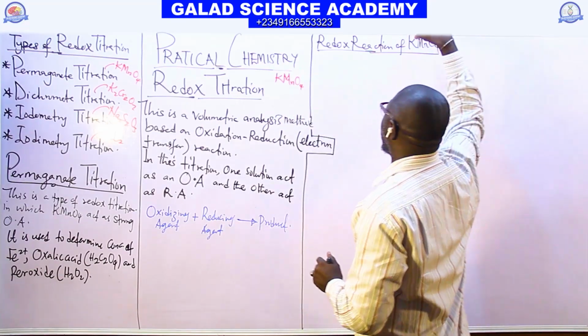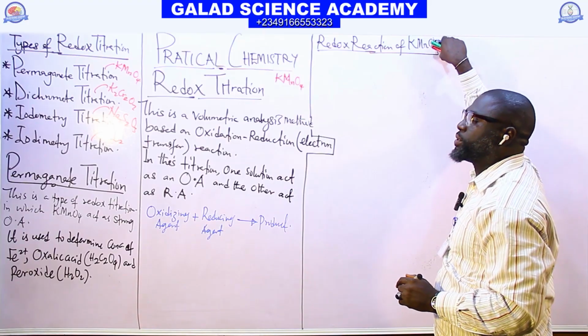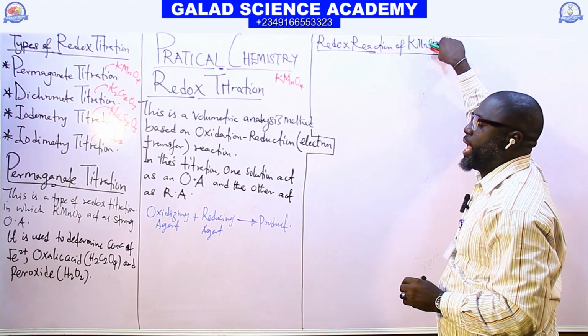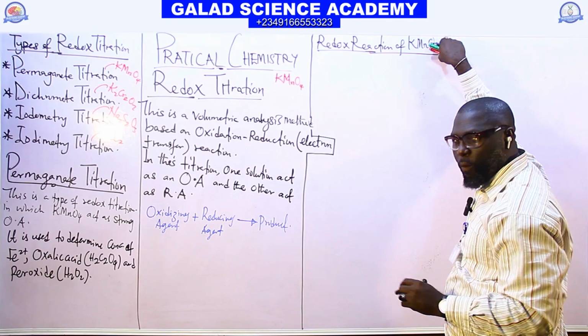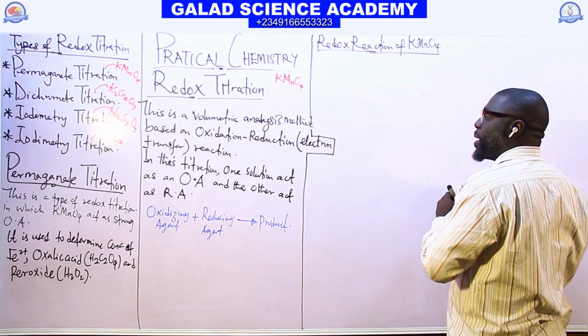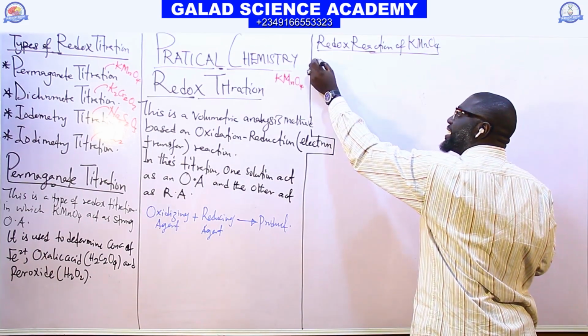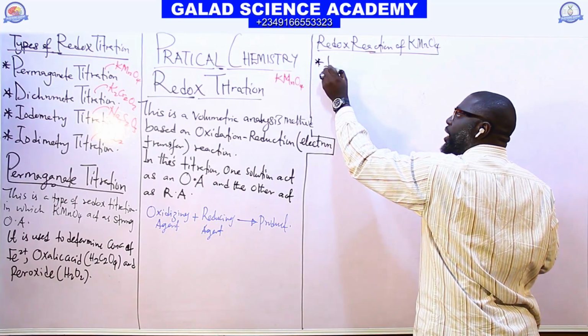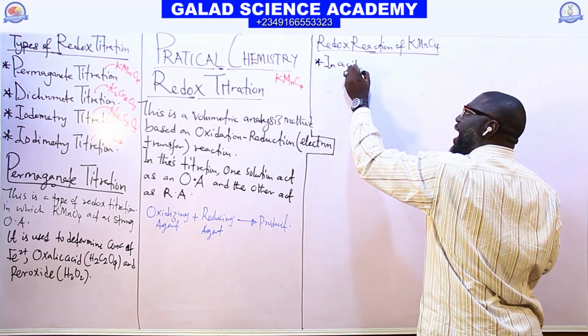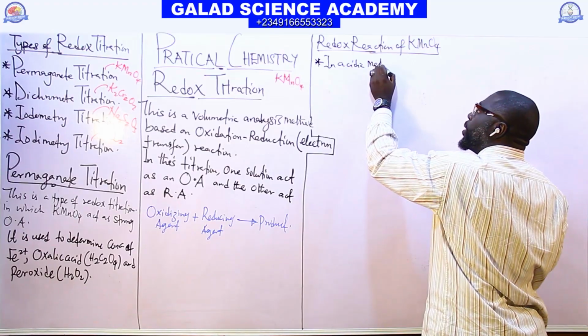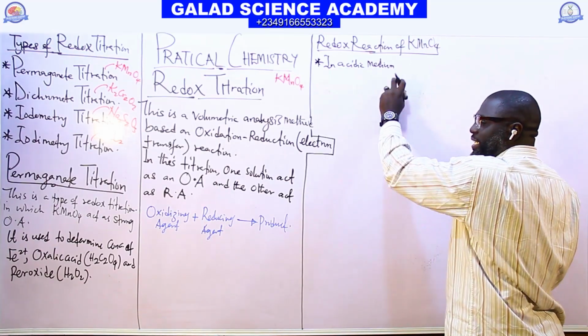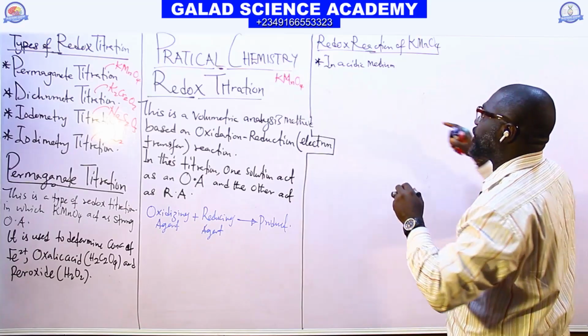So what is the chemical nature of KMnO4? This KMnO4 reaction occurs in acidic medium. You are supposed to understand this in redox titration.